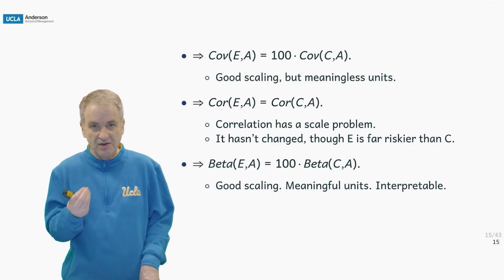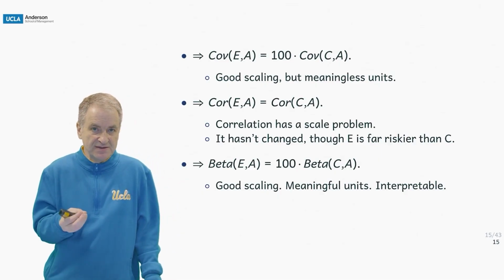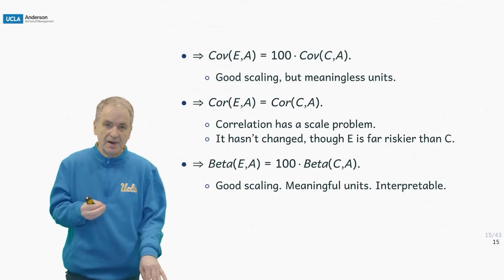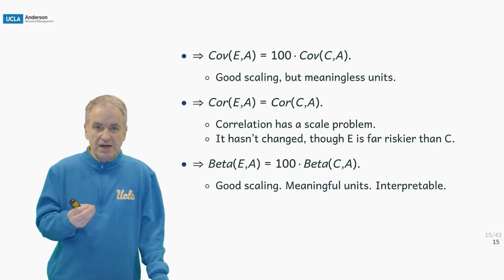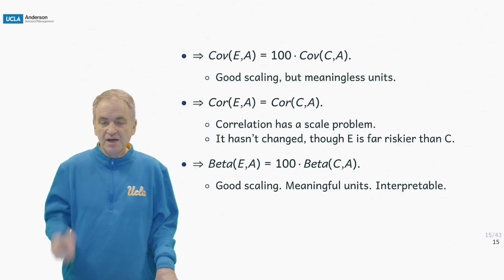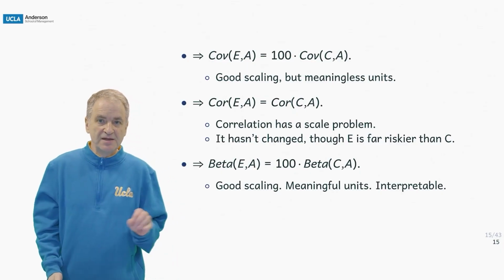It's scale invariant. It hasn't changed, even though E is far riskier than C. The measure that does what we want is the market beta. It tells you that the market beta of E is 100 times bigger than the market beta of C, which is exactly what we want. It also has meaningful units and it's interpretable.